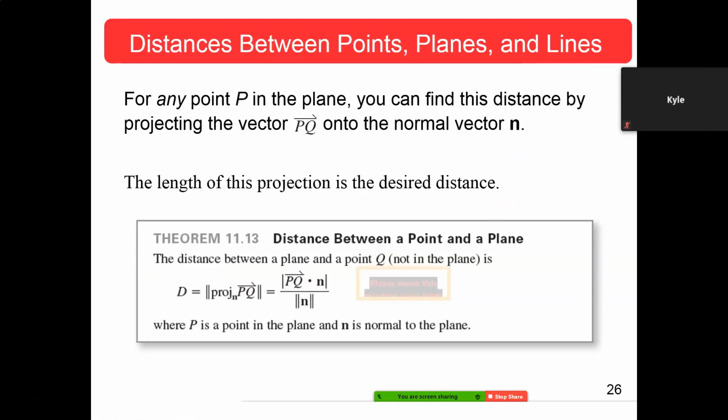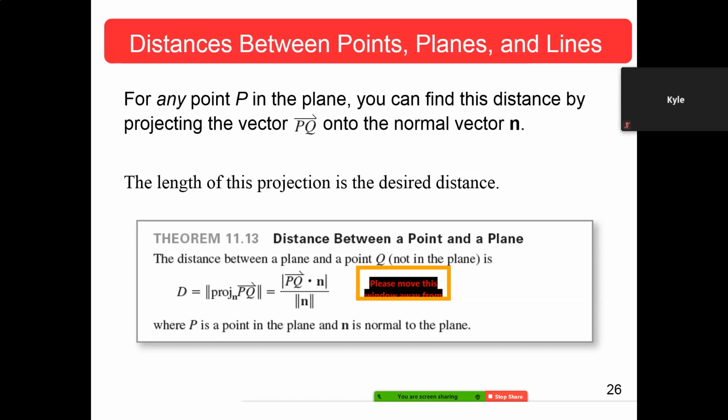There it is. The distance between a plane and a point Q not in that plane would be the distance, its projection of the point PQ.